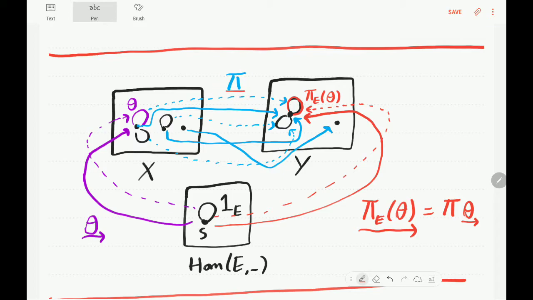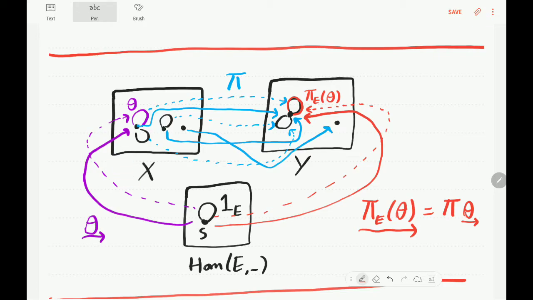And we want to know what happens to that under this arrow pi. Well, using the kind of Yoneda idea, we can represent theta here as this arrow theta under arrow from hom e comma blank to X. And then if we want to find the arrow which will correspond to the kind of image of theta under pi, then all we do, according to this kind of action lemma, which I'm about to explain in more detail, is basically we just do pi after theta under arrow.